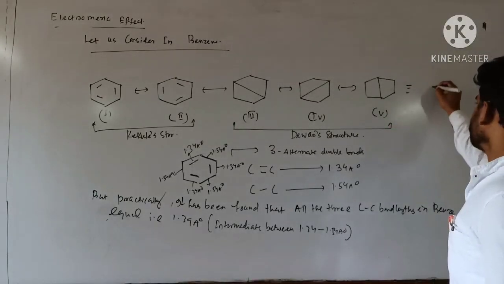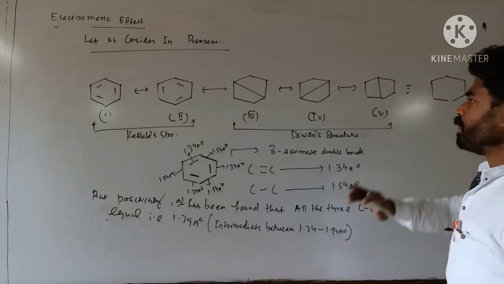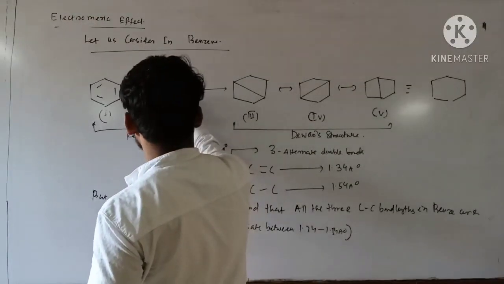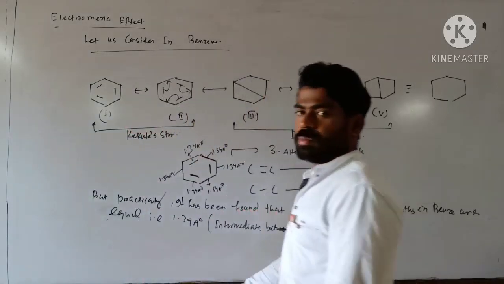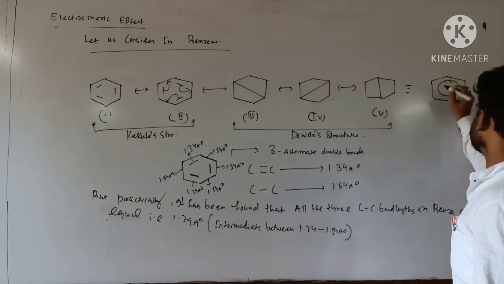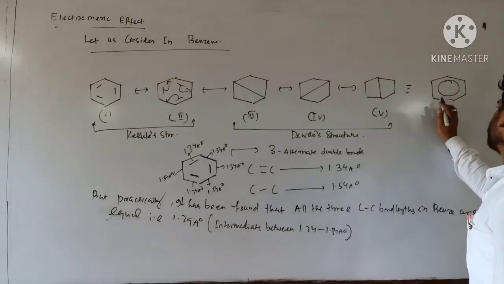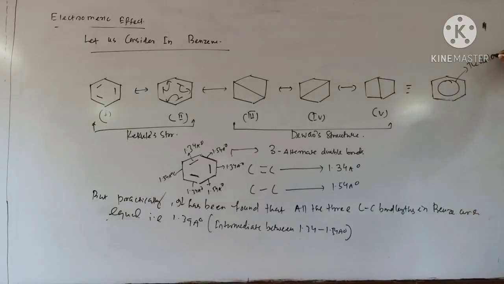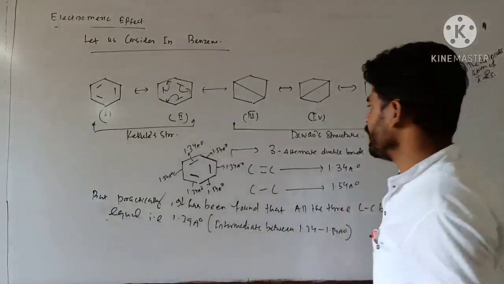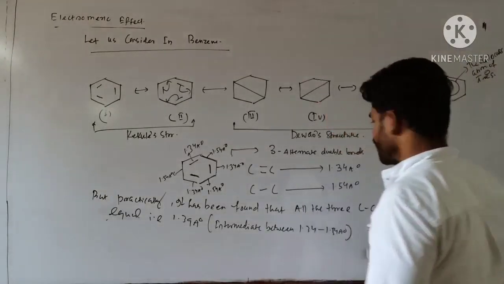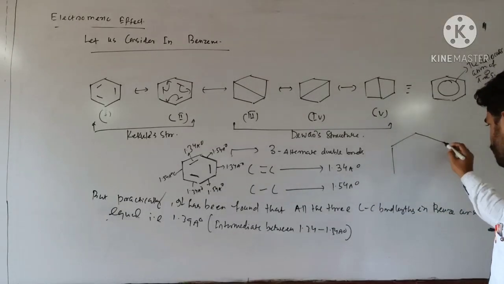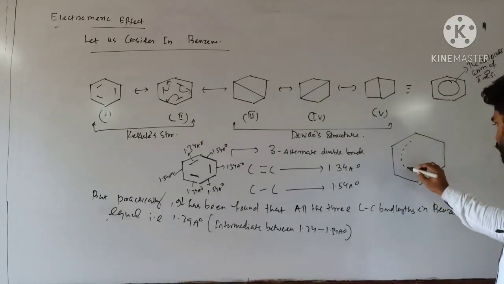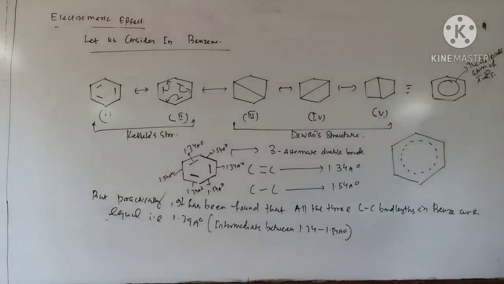So due to resonance, the 6 pi electrons are uniformly distributed throughout the 6 carbon atoms. So the structure is like this, and this circle inside the benzene represents the delocalization of pi electrons. Now, if the structure of benzene becomes like this, can you distinguish any single bond or double bond?